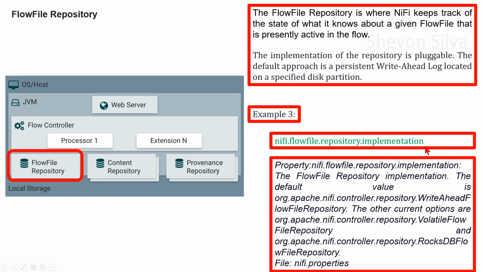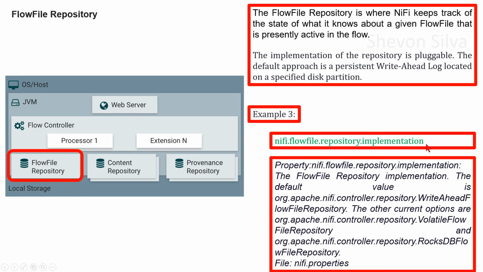As an example 3, we can consider the property nifi.flowfile.repository.implementation. The FlowFile repository implementation, the default value is org.apache.nifi.controller.repository.WriteAheadFlowFileRepository.